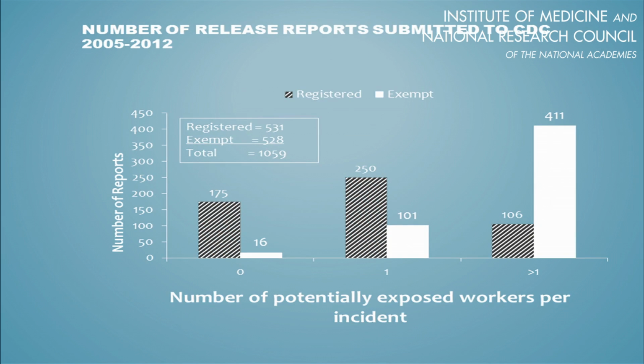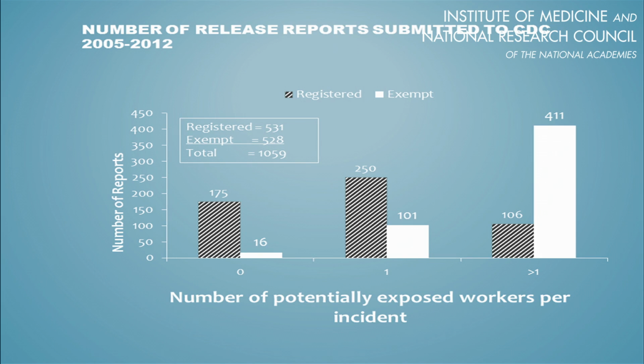What we did was we looked at the reports in terms of 3 buckets. One bucket was a report in which there were no potentially exposed workers involved. Another bucket is a report in which a single worker may have been involved, and then the third bucket was an incident in which multiple workers could be involved.